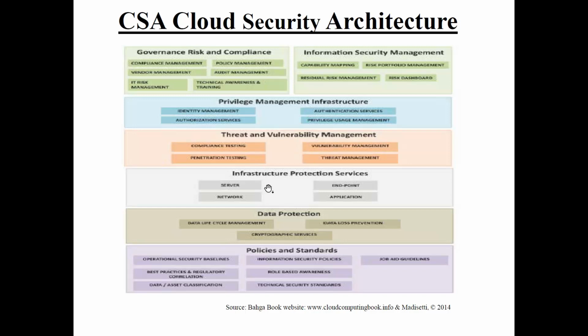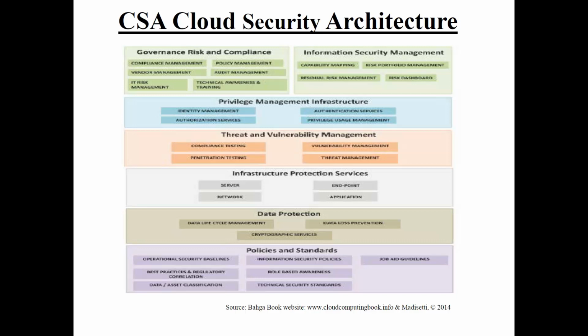Next subdomain is infrastructure protection service. The objective of this subdomain is to secure the server, endpoints, network, and application layer. The data protection subdomain deals with data lifecycle management, data leakage prevention, intellectual property protection with digital rights management, and cryptographic services such as key management.